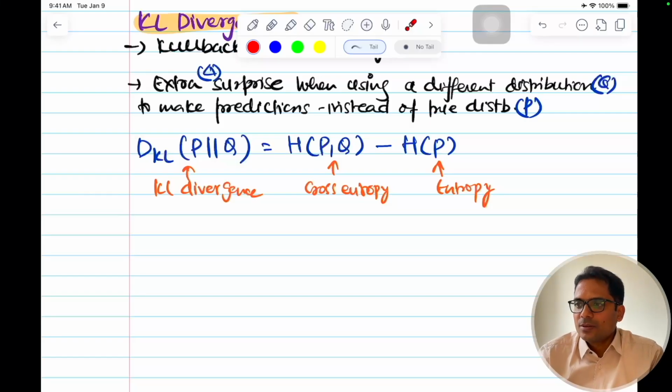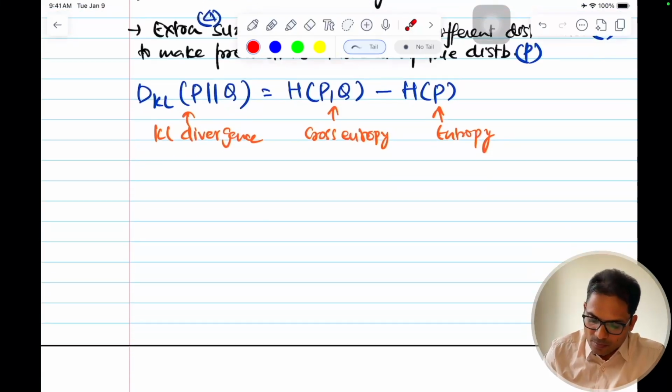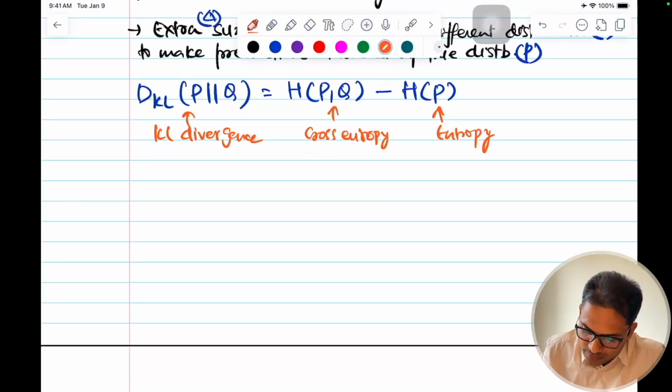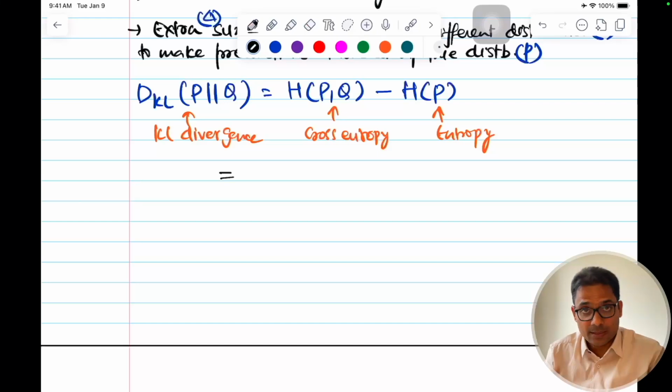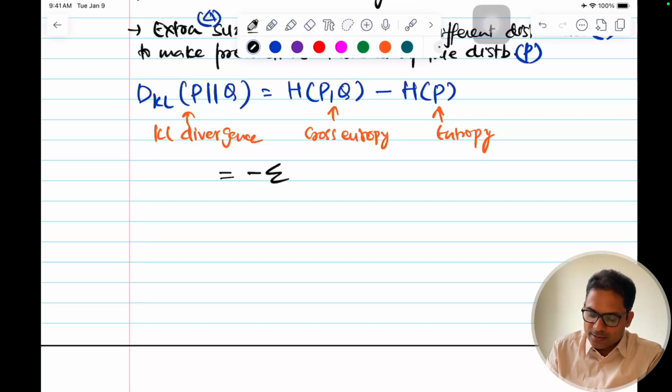Okay, so let's break it down to its simplest form. What is my cross entropy? This is minus sigma P of x log of Q of x.